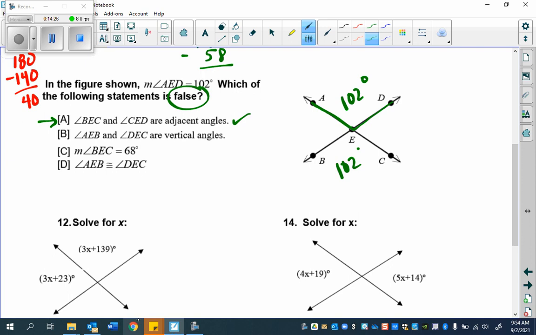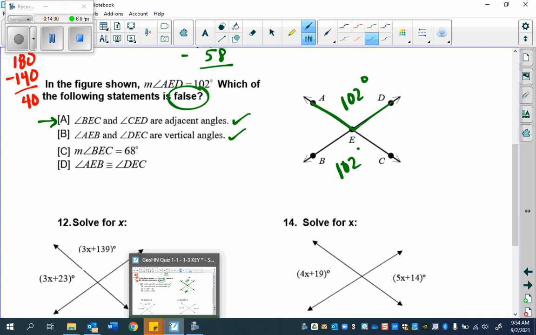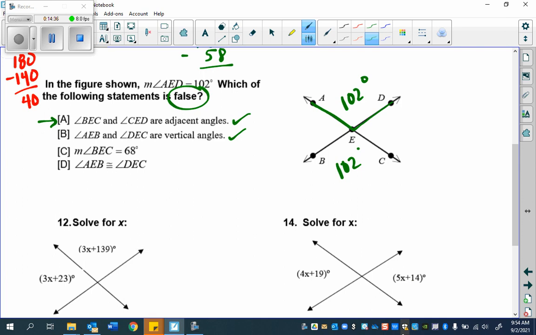AEB and DEC are vertical angles. That is true, but remember, I'm looking for something that's false. The measure of angle BEC is 68 degrees. That is not true. I've already decided that they are vertical angles that are congruent. So that's going to be my answer because, again, it's false.